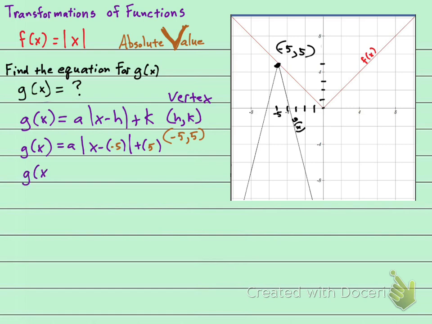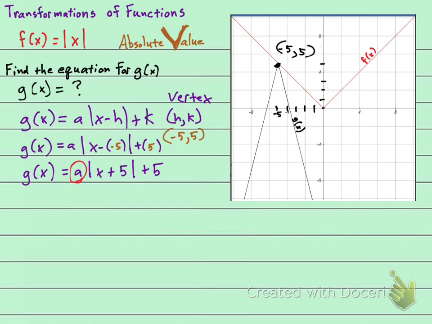So right now we are at g of x equals a|x + 5| + 5. Let me fix that, make this look more like absolute value. Okay, the thing we don't know is the a. a is going to tell you whether it stretches, whether it compresses, and whether it reflects.